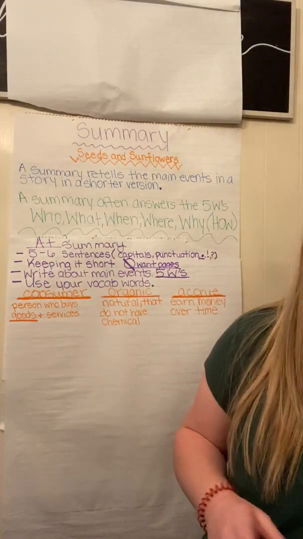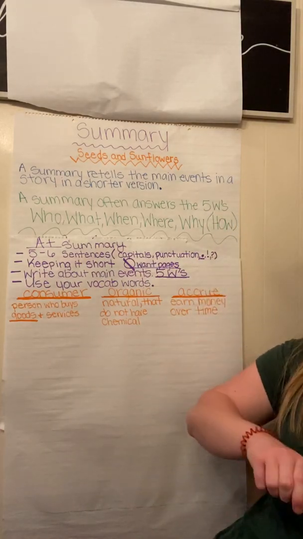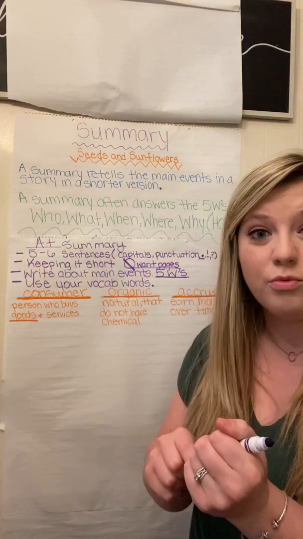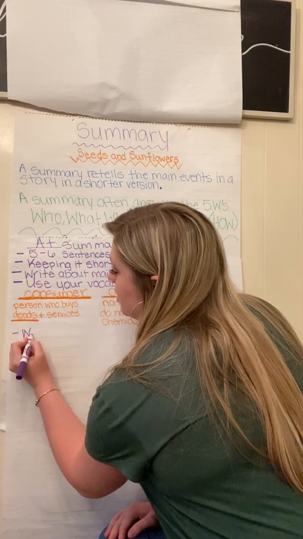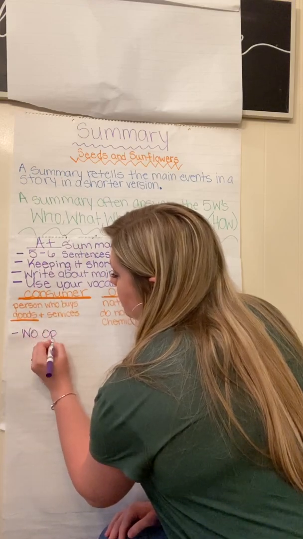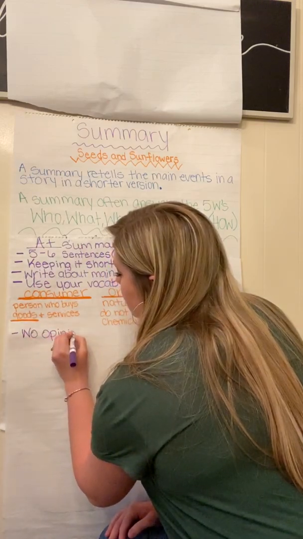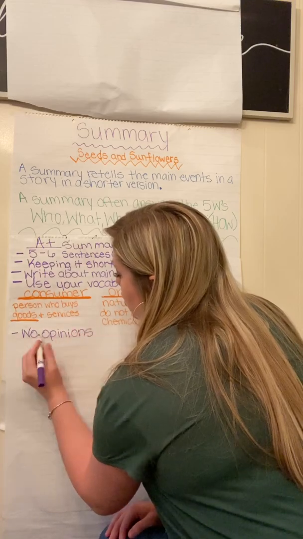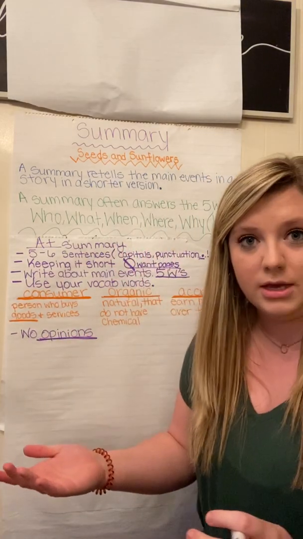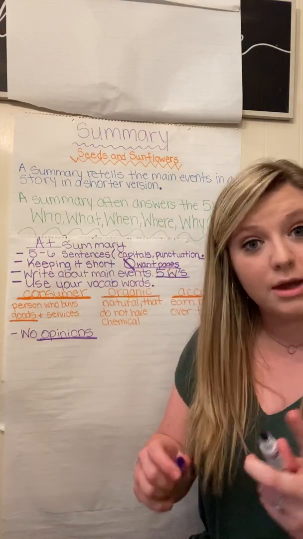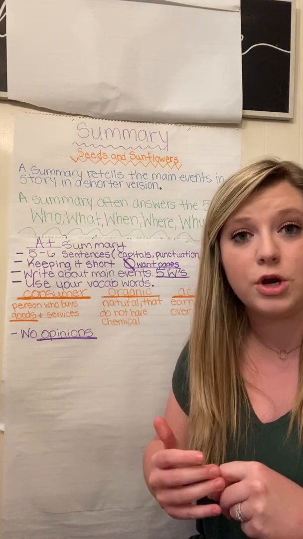Okay? And the last thing that makes your summary a really, really good one is no opinions. Okay? No opinions. Your opinion is when you write and you say, I think this would have happened. Now, yesterday I did ask you for your opinions.